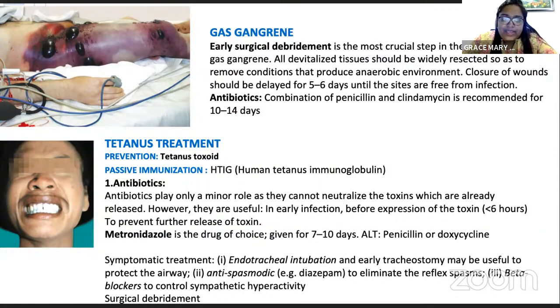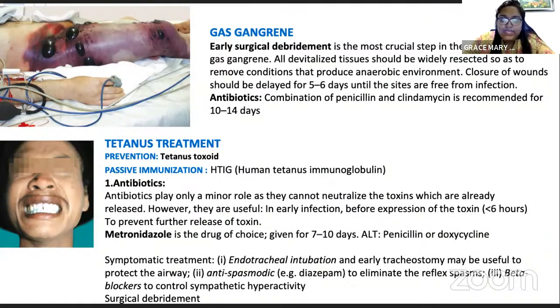Okay. But they can be used so that further toxins are not produced. And usually metronidazole is the drug of choice for treating tetanus. And the alternatives that you have are penicillin and doxycycline.